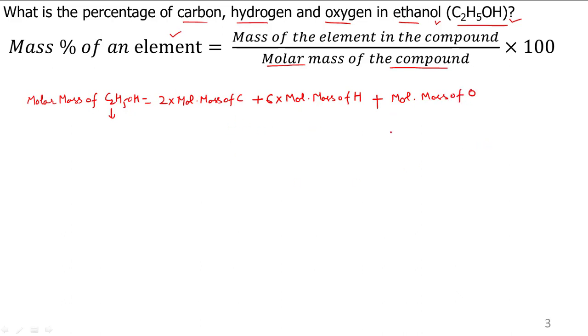Now if we take the molar mass of carbon as 12 gram, actually it is 12.01, but for simplification we can use 12 gram, and the molar mass of hydrogen is 1 gram, whereas the molar mass of oxygen is equal to 16 gram.